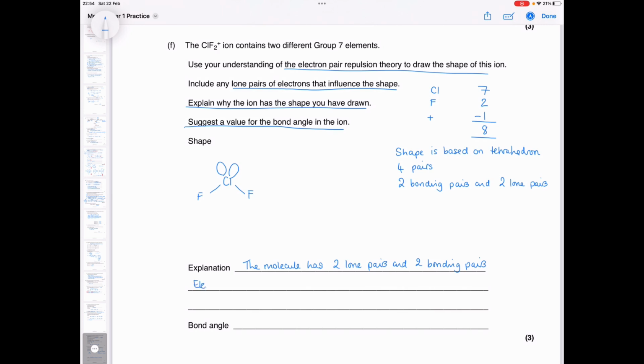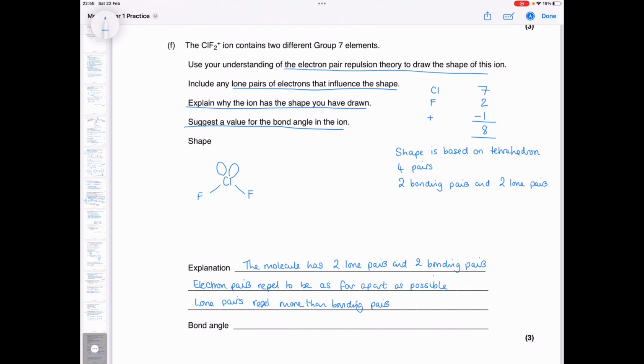Electron pairs repel, to be as far apart as possible. And lone pairs repel more than bonding pairs.